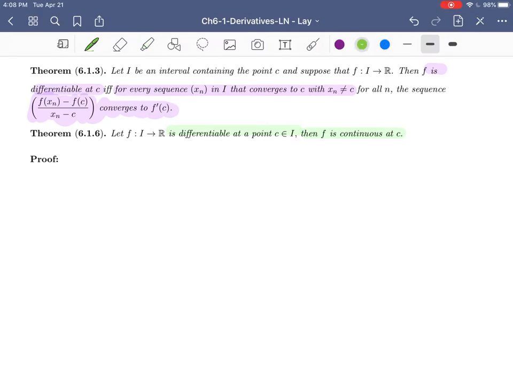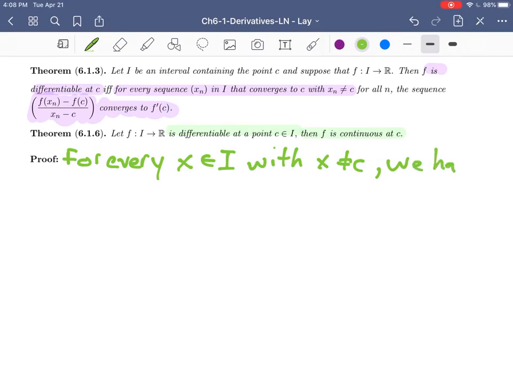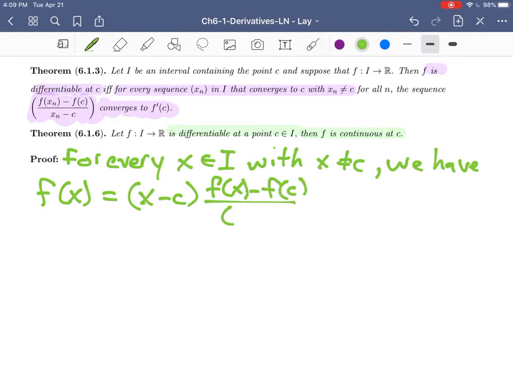To prove this, we would note that for every single value of x in I with x not equal to c, we have f of x should be exactly the same thing as x minus c times f of x minus f of c over x minus c, plus f of c.